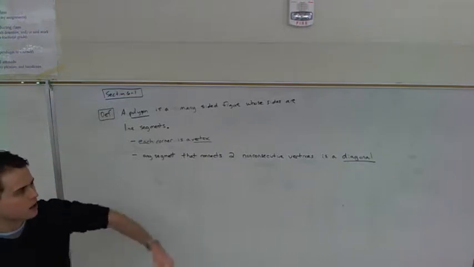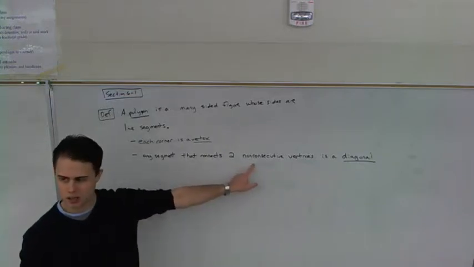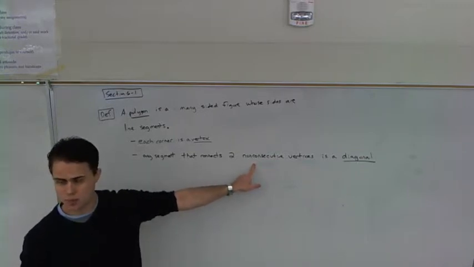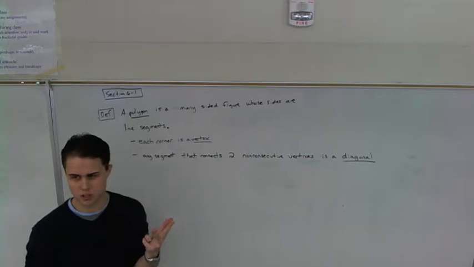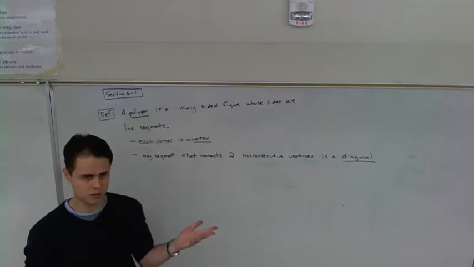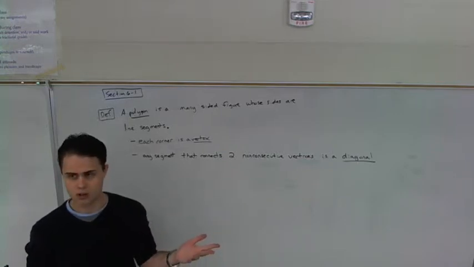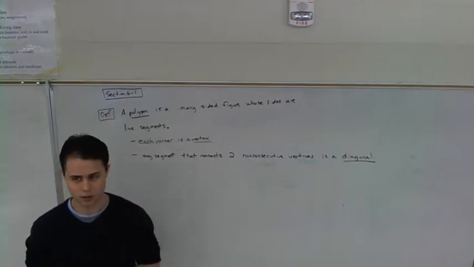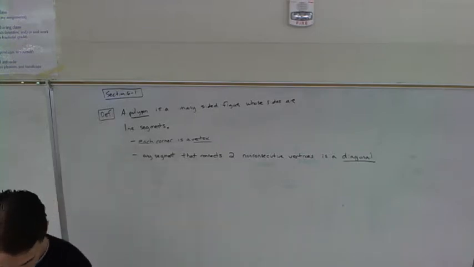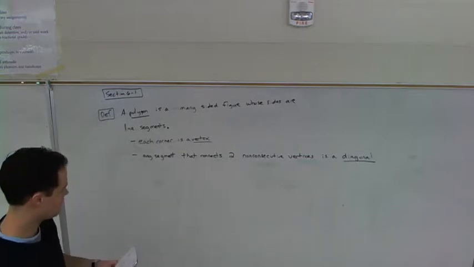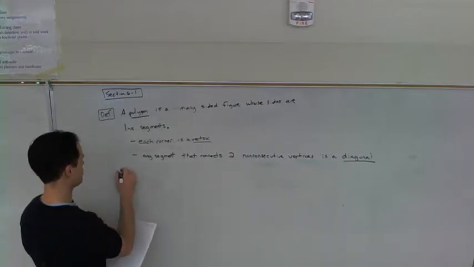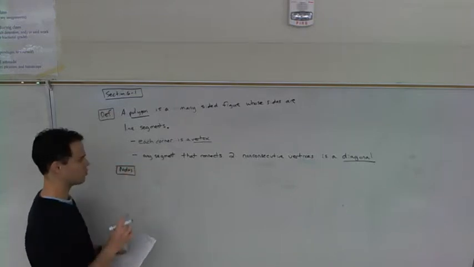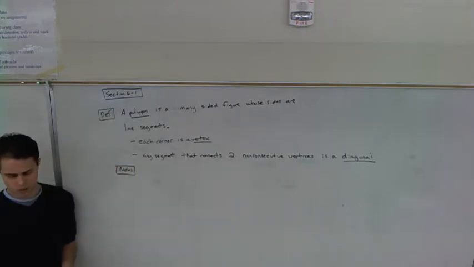So what's non-consecutive mean? Non-consecutive means not next to each other, because if you connect 2 corners that are next to each other, what is that? It's a side, right? If you connect 2 things that are not next to each other, we call that a diagonal. So there's all kinds of theorems about diagonals. They have to do with really advanced stuff sometimes, but we're not going to see those.